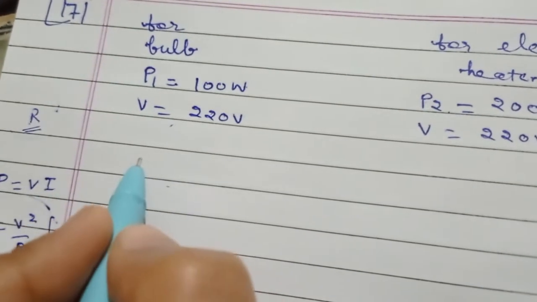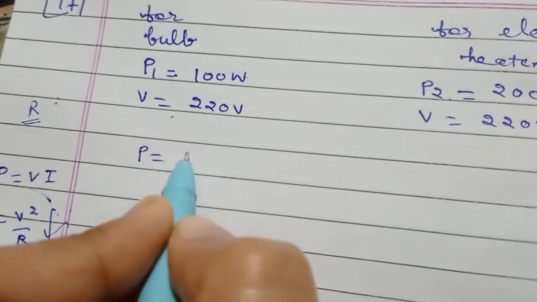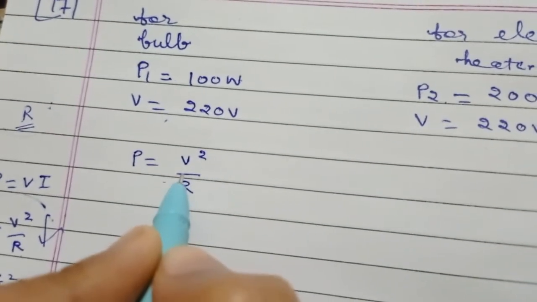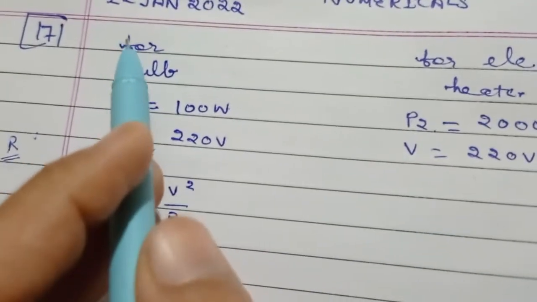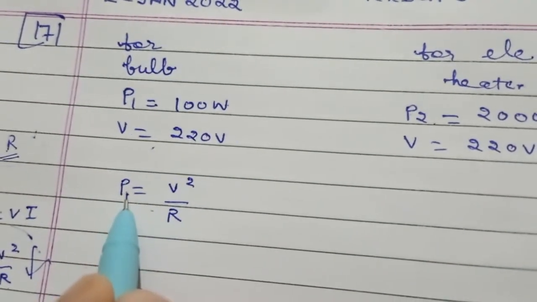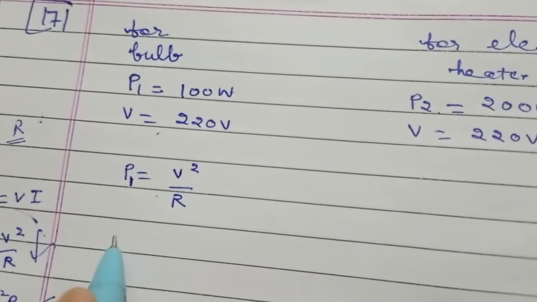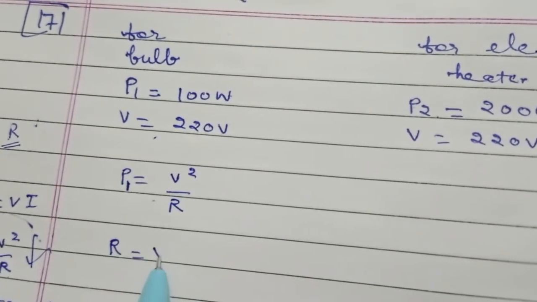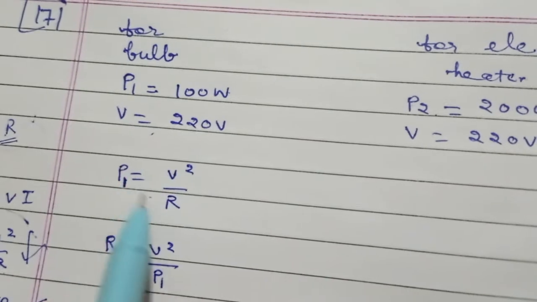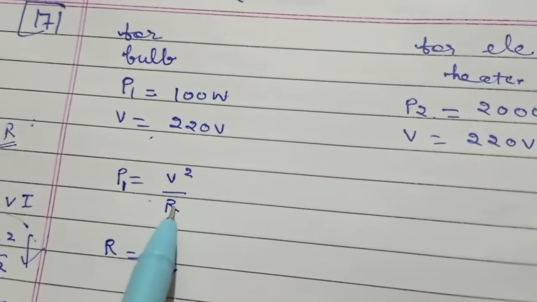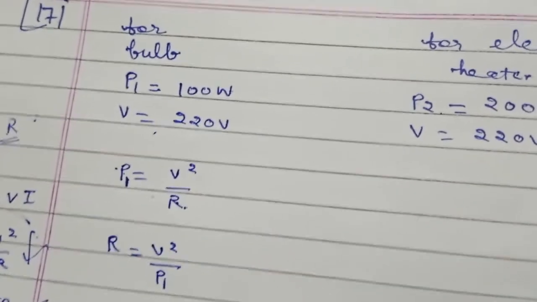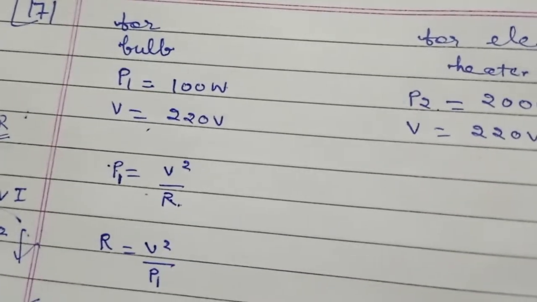And according to the second formula, P is equal to V square over R. Since we are going to calculate the resistance for electric bulb and for electric bulb P is P1, so I am writing here P1. So R will be equal to V square over P1. Right? After cross multiplying, R will move here and P1 will move on the right hand side.